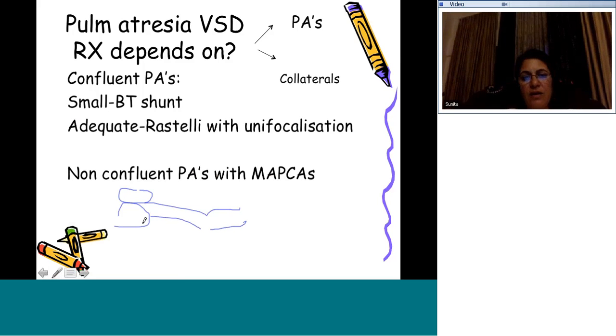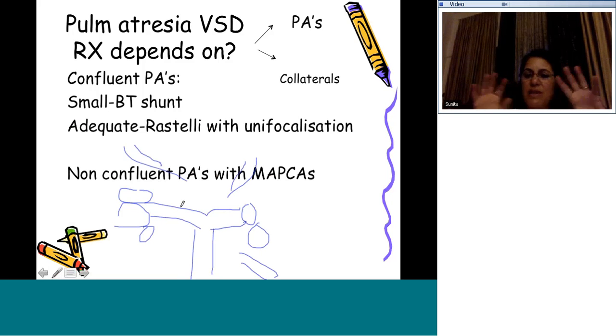They are supplying here, here, and here, and maybe the middle lobe, maybe part of the lower lobe. And let's say this upper lobe is supplied by collateral, and this lower lobe part is supplied by collateral. If you just do a Rastelli and do a homograft to here, you're only going to be giving blood from the RV to some segments of the lung.